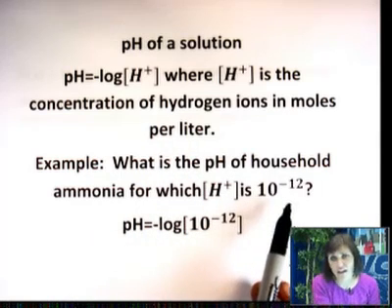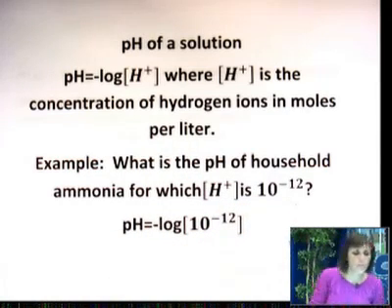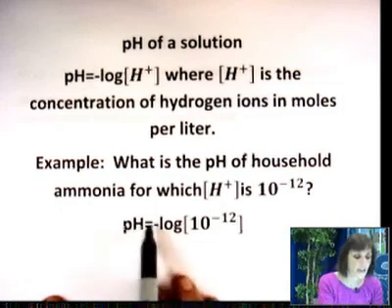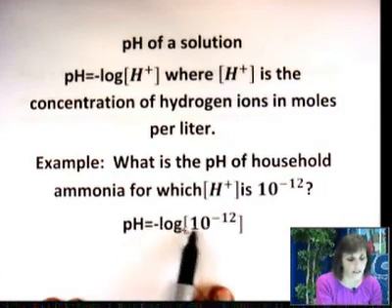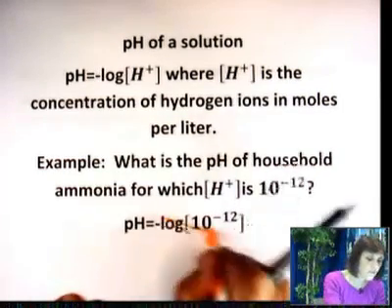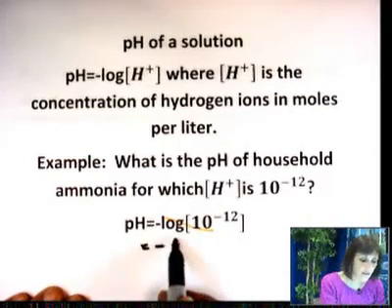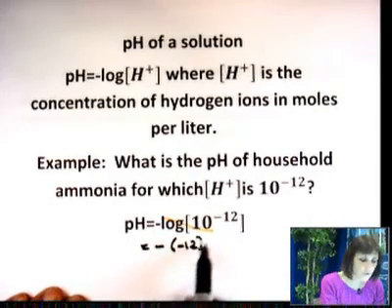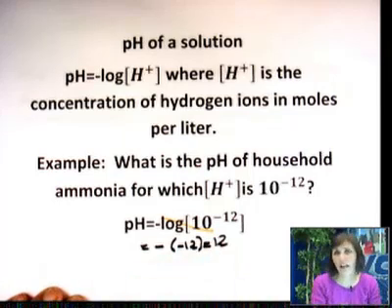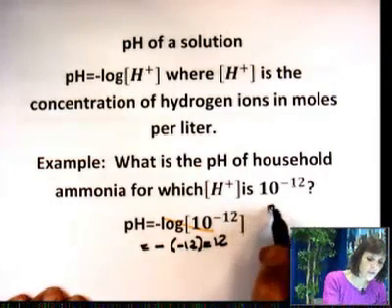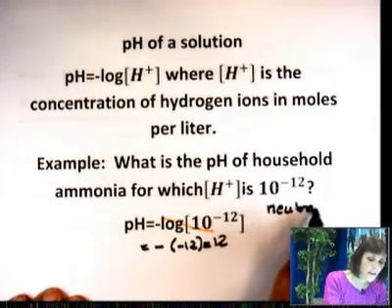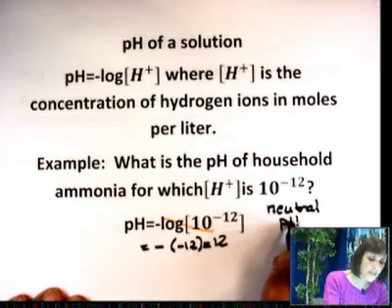If they say nothing, just assume it's moles per liter. All you have to do is put in the formula: pH equals negative log of 10 to the negative 12. And I know these two are inverses of each other, so you have the negative of negative 12, which is 12. If you have a neutral concentration, your pH is going to be 7.